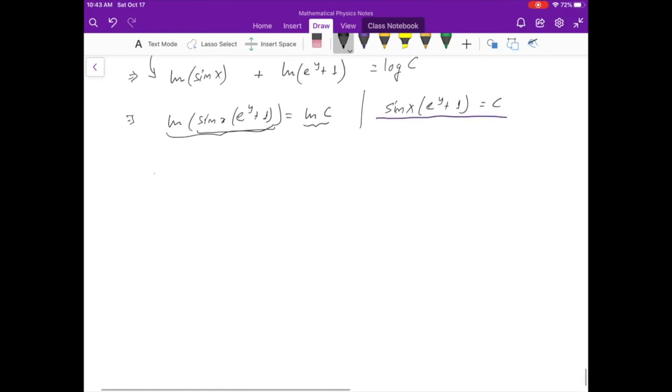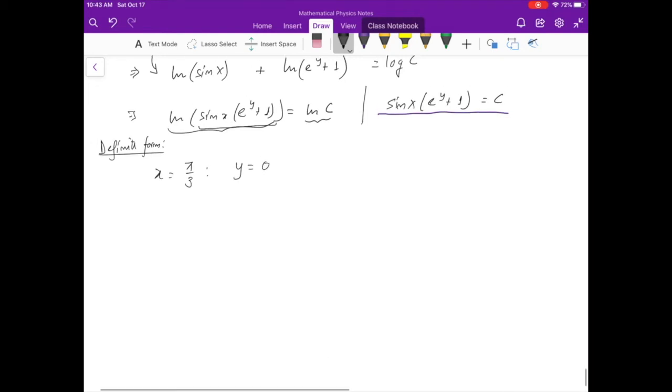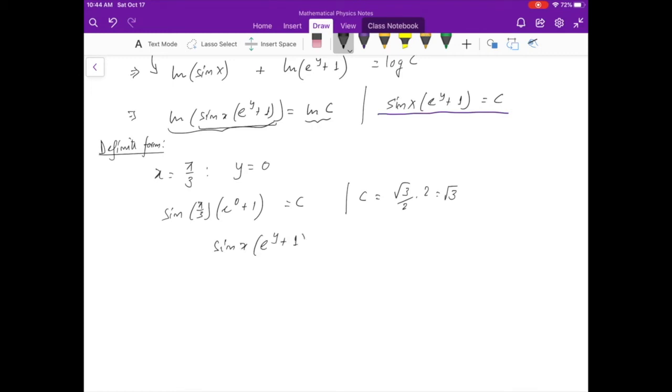So now we use the given condition: if x equals pi by 3 and y is equal to 0, then sine x times (e to the power y plus 1) is essentially equal to c. We shall soon see that c is equal to root 3, because sine pi by 3, that is sine 60, is root 3 by 2, and e to the power 0 plus 1 is 2.